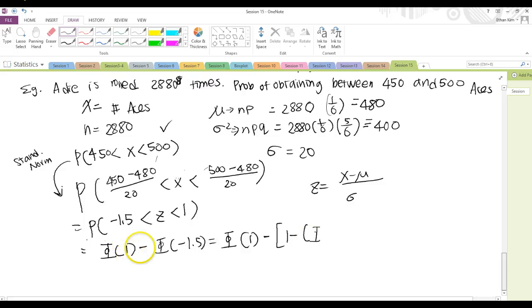So this comes out to be phi of 1 plus phi of 1.5 minus 1. Okay, so let's look at the table.